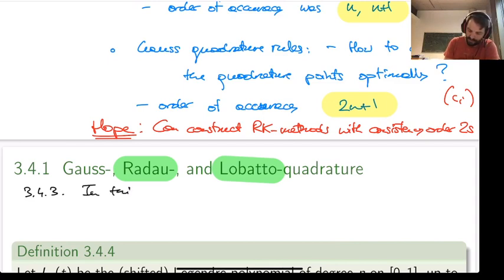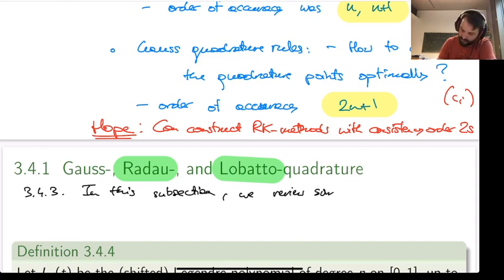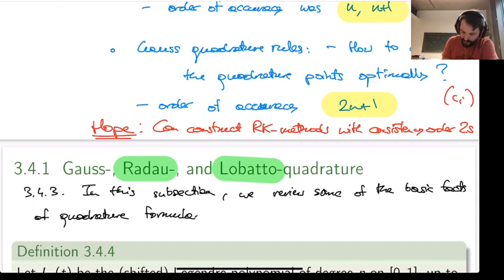So in this subsection, we review some of the basic facts of quadrature formulae based on orthogonal polynomials, such as Gauss quadrature.